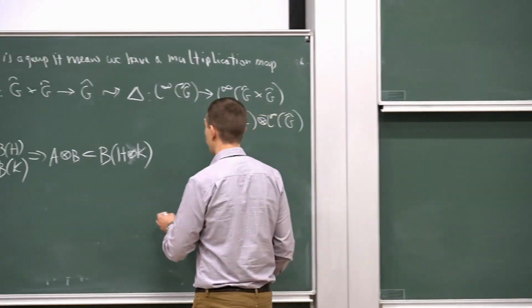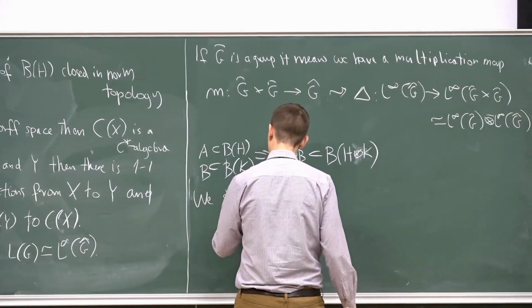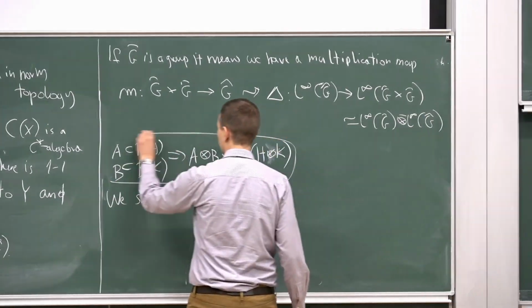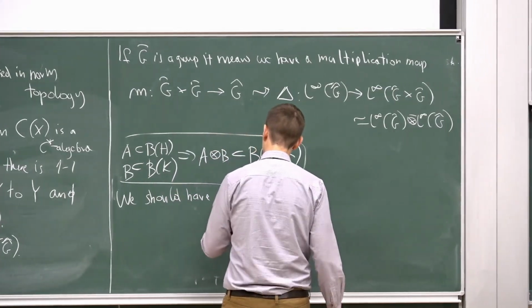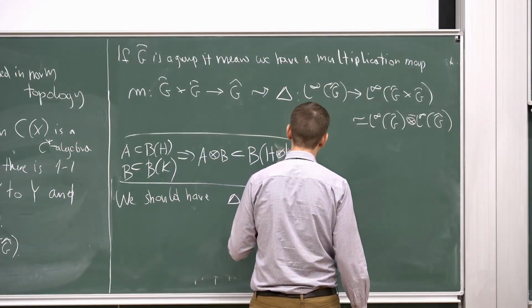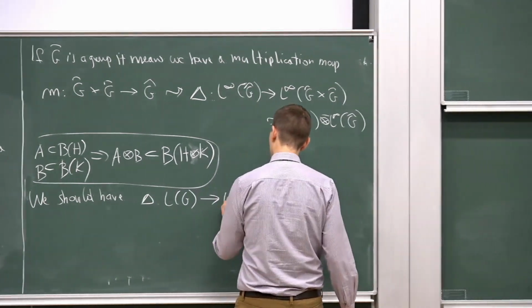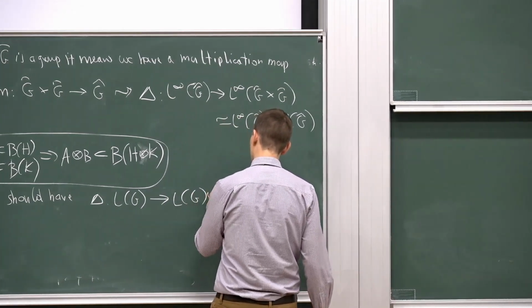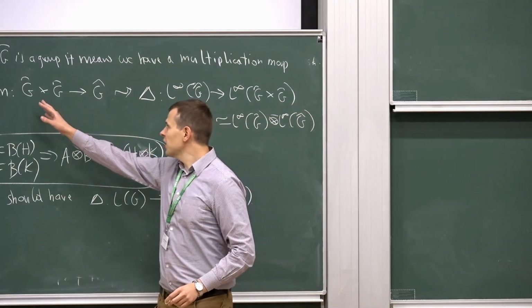So it means that we should have delta going from L of G to L of G tensor L of G. And then also a multiplication map on a group.